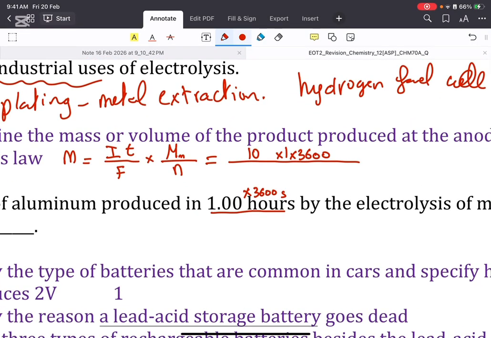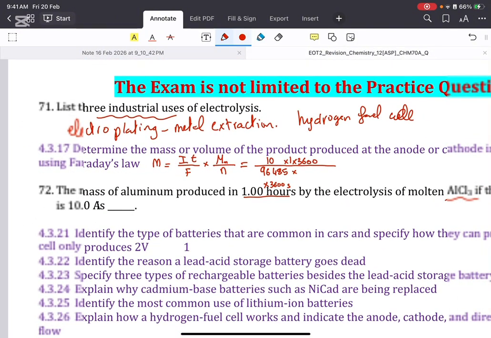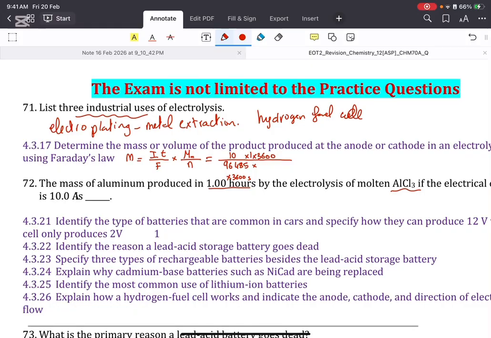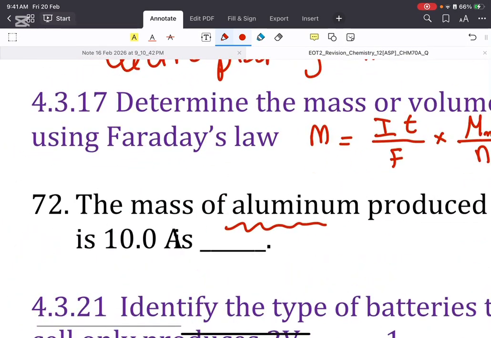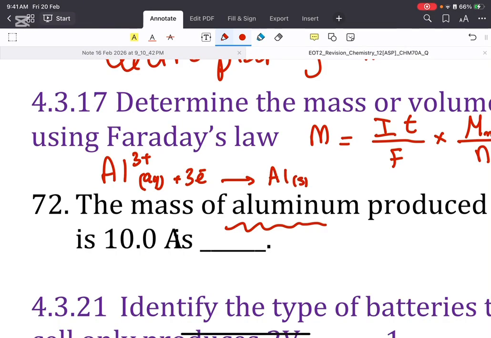Now Faraday's constant is 96485, and n, since here I have aluminium involved, so you really need to show the equation with your answer. So Al3+ aq plus 3 electrons gives aluminium.